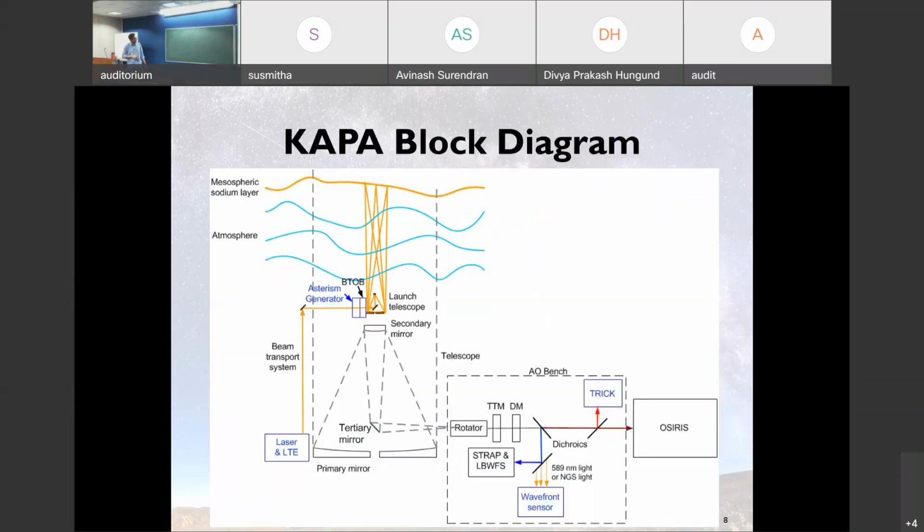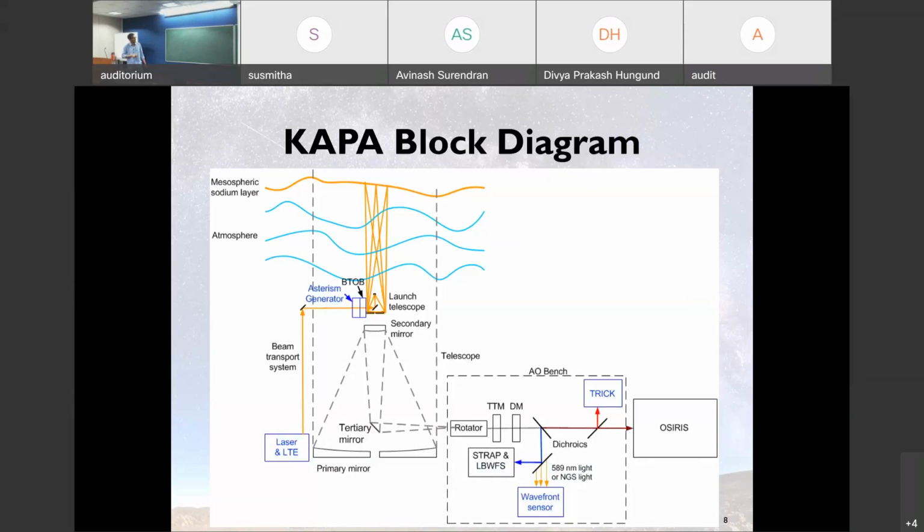So this is a skeleton block diagram of KAPA, and the blue sections show the new additions. This is the Asterism Generator. It's a bunch of optics which split the laser into 4, and it also consists of the uplink tip tilt mirrors, which actually control how the laser is launched into the sky.